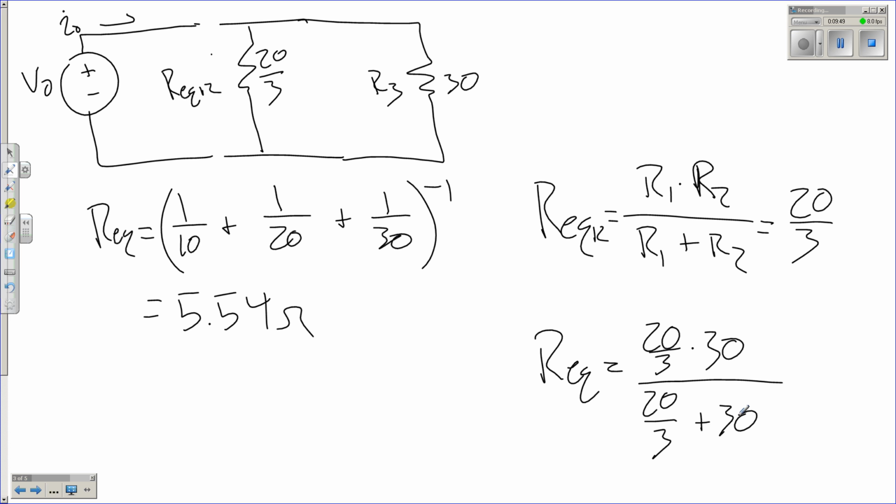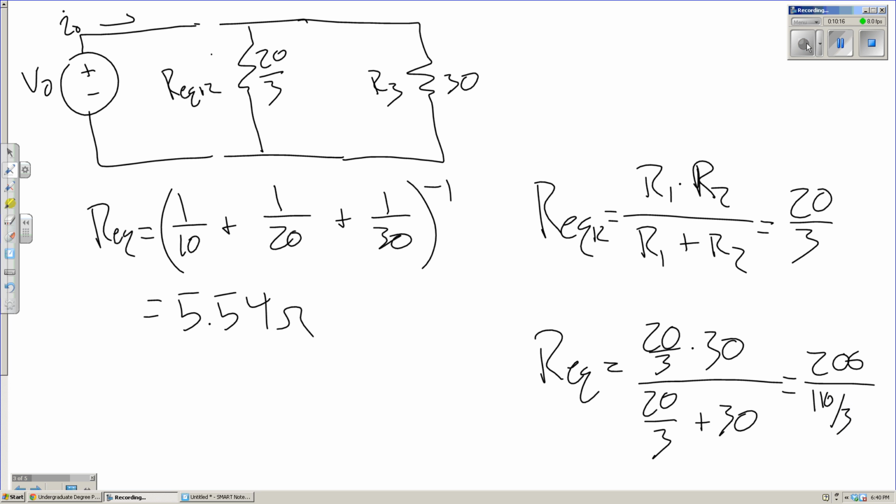And here on the top, we've got 200, and on the bottom, let's see, 90. Looks like 200 over 110 over 3. Let me check that on the calculator real quick.